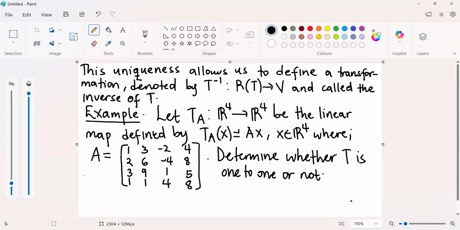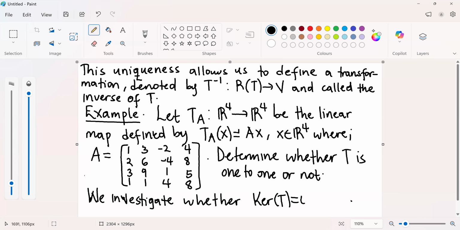We investigate whether the kernel of T is 0. If it is 0, then it is 1-to-1.